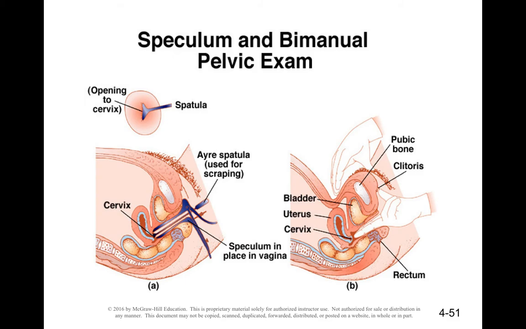Then they look at those cells and stain them to see if the cells are a normal shape or if they're misshapen, and whether they contain human papillomavirus. So they can tell you about the health of your cervix.